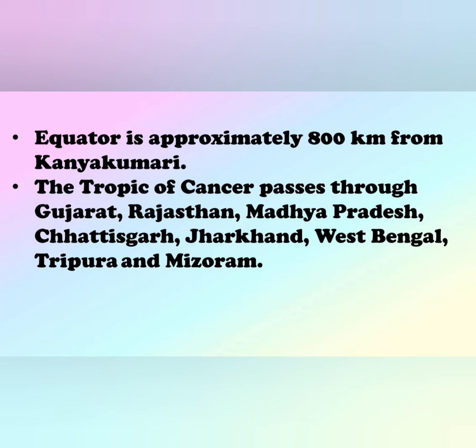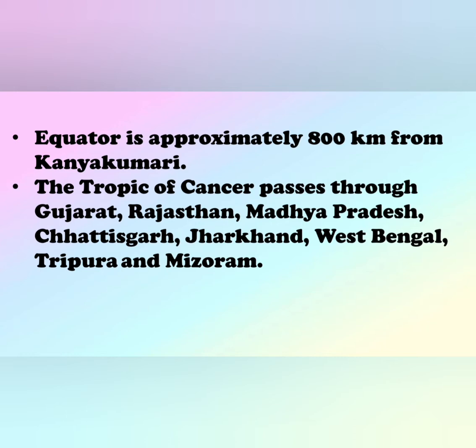Next, the equator is approximately 800 kilometers from Kanyakumari. And the last point is, the Tropic of Cancer passes through Gujarat, Rajasthan, Madhya Pradesh, Chhattisgarh, Jharkhand, West Bengal, Tripura and Mizoram.